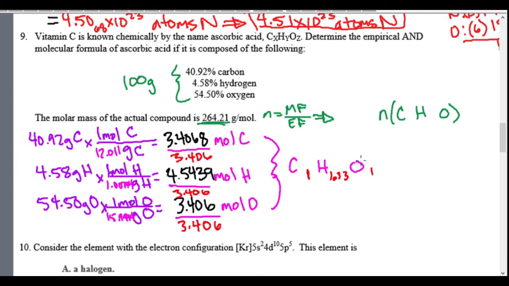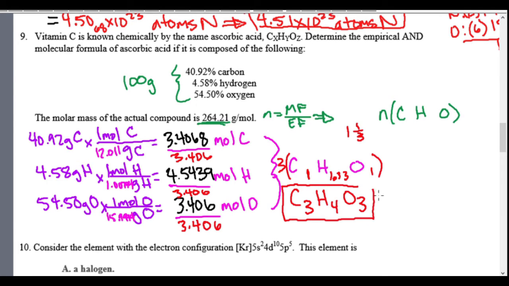So we need to multiply this by something to get the correct formula. Since we're talking about 1 1/3, I say we multiply everything by 3, because 1.33 is 1 1/3. When you multiply this whole thing by 3, you get C3H4O3. So this right here is going to be your empirical formula.